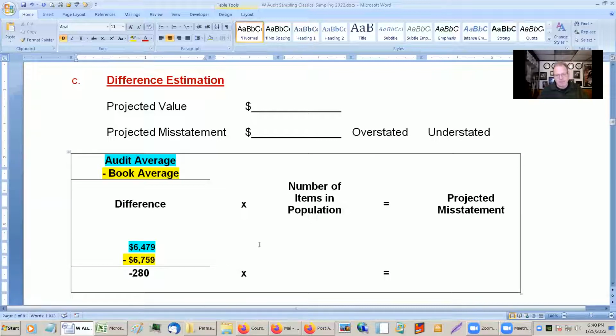So in other words, we're saying that each one of these is $280 too high. We should subtract 280 from each one of these items. If there's 30 of them, each item has to get $280 subtracted from it. So 30 times 280.